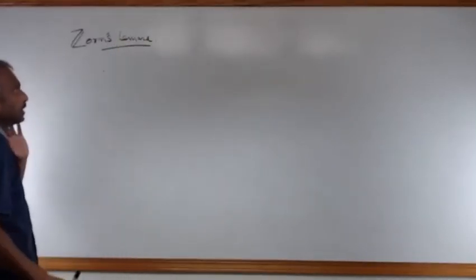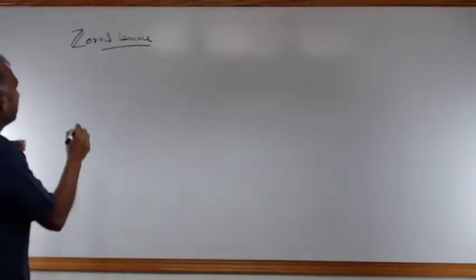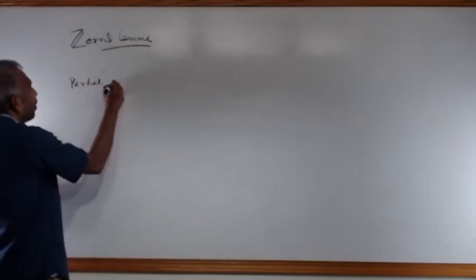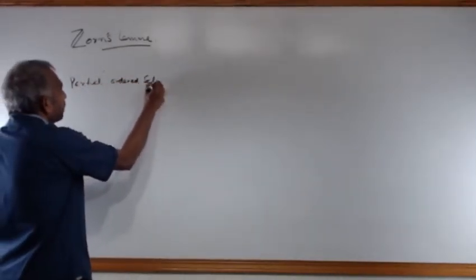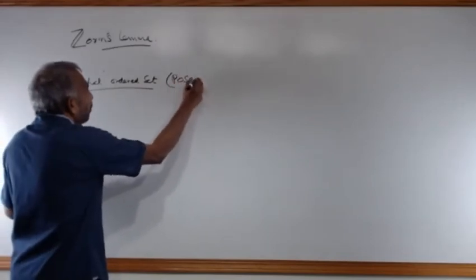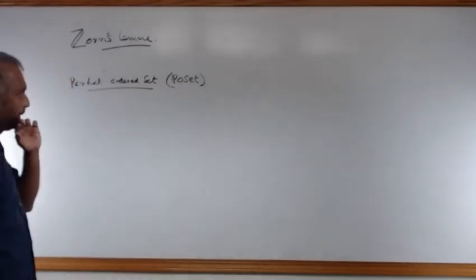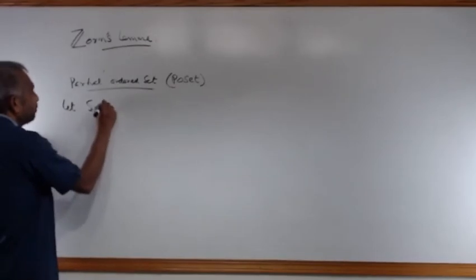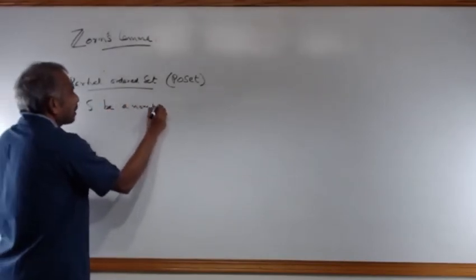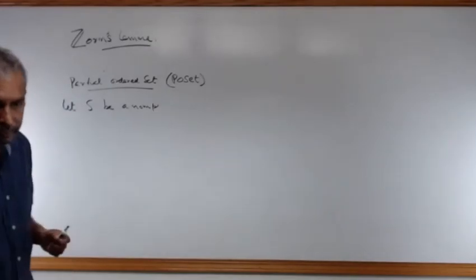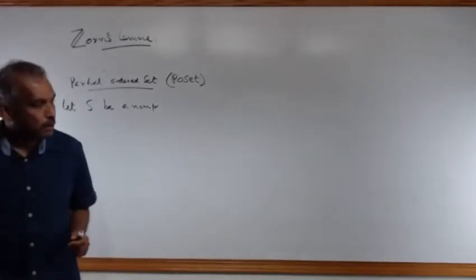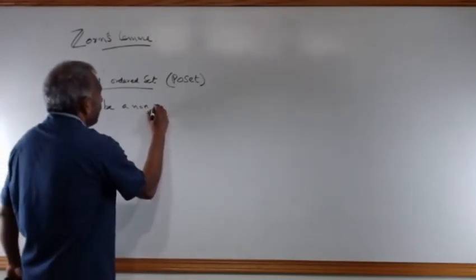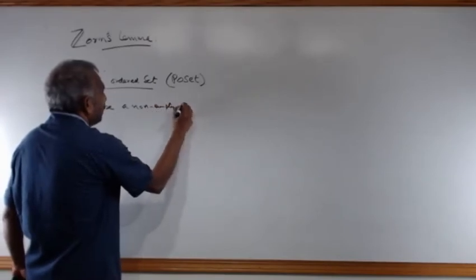But before we come to Zorn's lemma, I want to define a partially ordered set, or you can say poset. So the definition is like this: let S be a non-empty set.